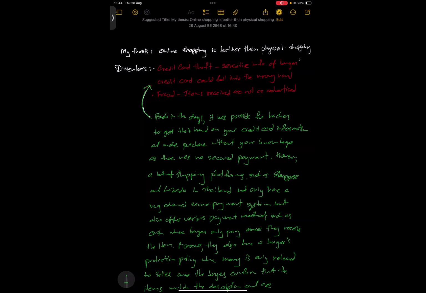So the seller is not getting anything. But if after 1 week you're not doing anything, then it is assumed that you accept the item, and the money will be released to the seller. So it's not just the payment system, it's the policy that also makes it safer and nicer for buyers. So they have less to worry about.